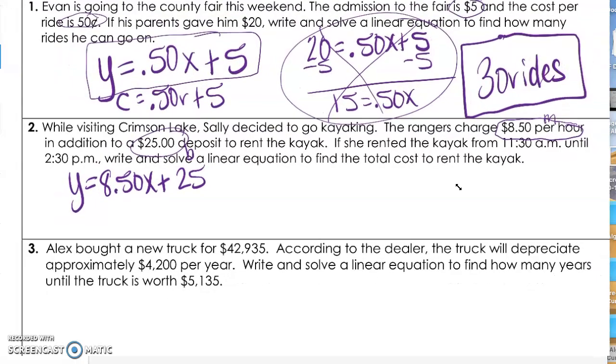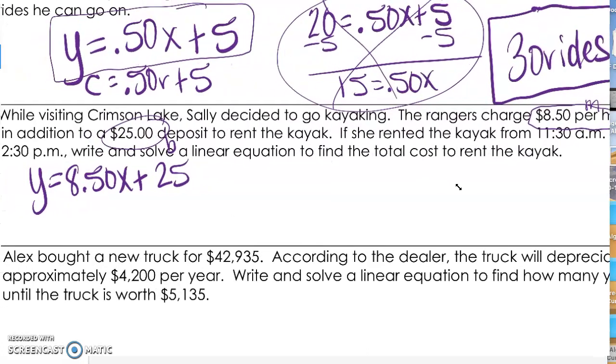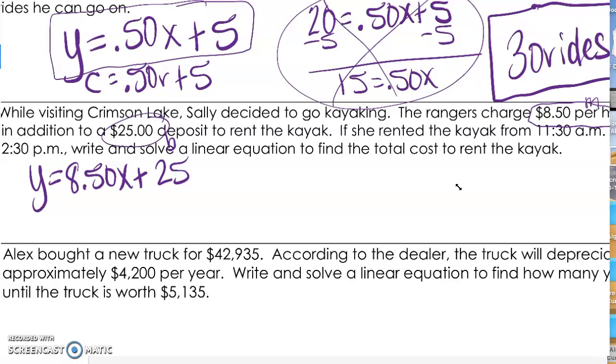Now it says if she rented the kayak from 11:30 until 2:30, how much did she have to pay? Well, 11:30 to 2:30 would be 3 hours. And that is your x. The bad part about using y and x is you need to know what they represent. Y is how much your total is, and x is how many hours.